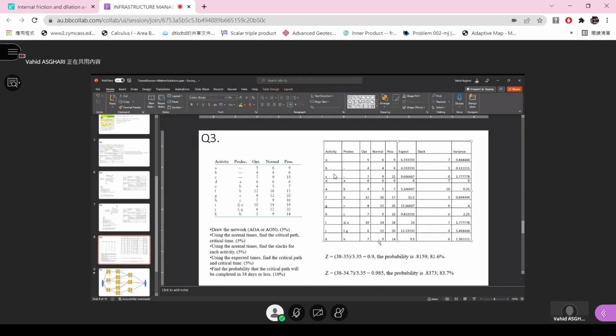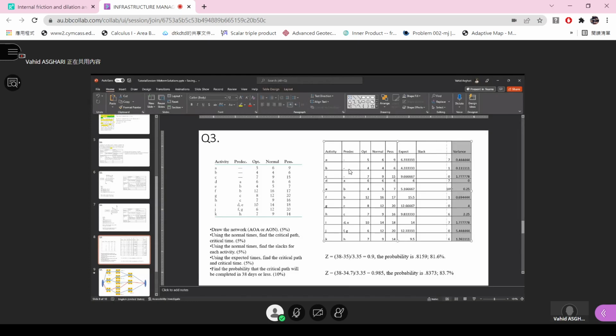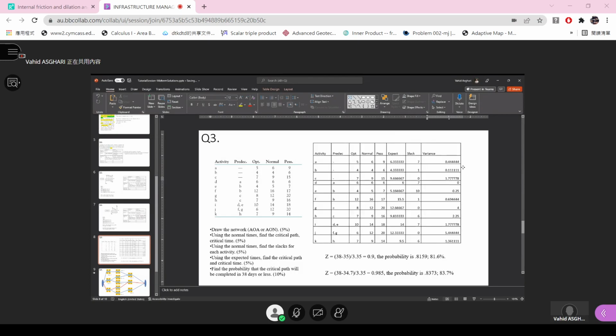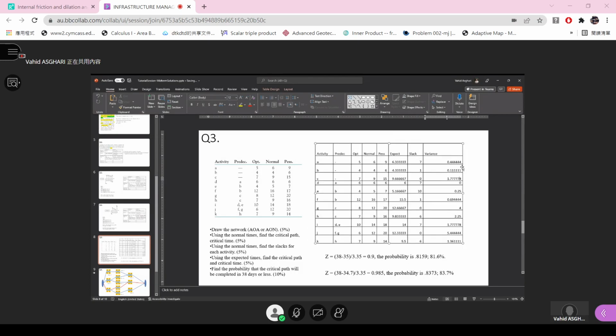And we could find the expected durations. Nothing really difficult here. And the variance, again, we had another formula for it. We could also calculate, oh, the variance, fine.